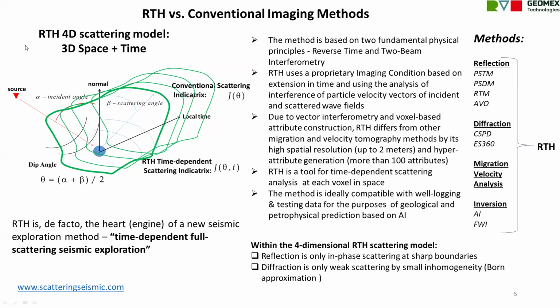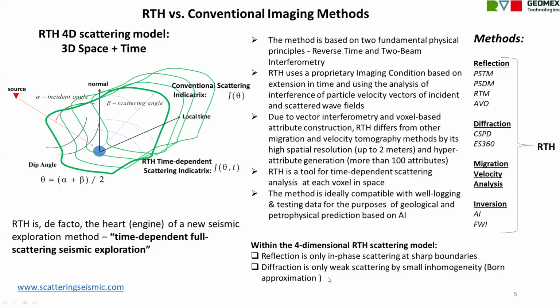So, in our total scattering conception, what is a reflection wave? A reflection wave is only in-phase scattering at a sharp boundary, no more. And what is classical diffraction?